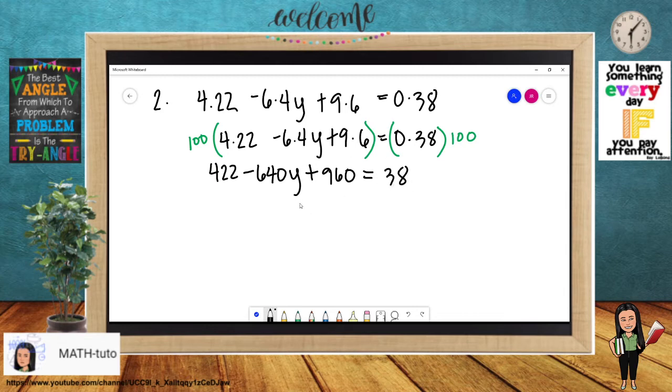So, we can simplify each of the side first. Dito, negative 640y, 960 plus 422 is 1,382 equal to 38. Okay, and then we apply addition property of equality.